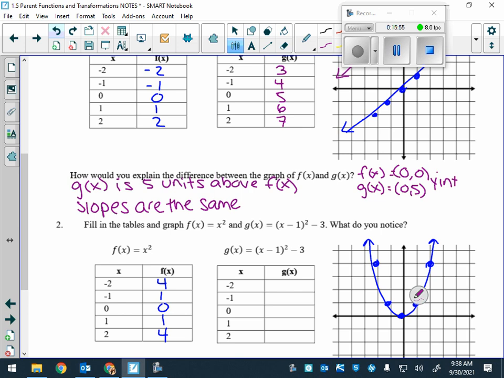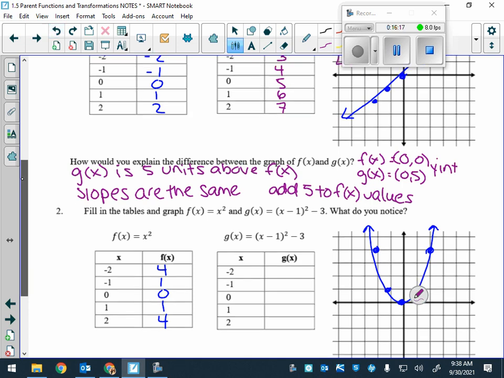What operation will we need to use to get from f of x to g of x? Add 5 to f of x values. Having that plus 5, we moved up. We increased our original y values by adding 5.